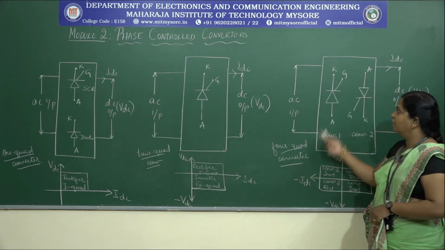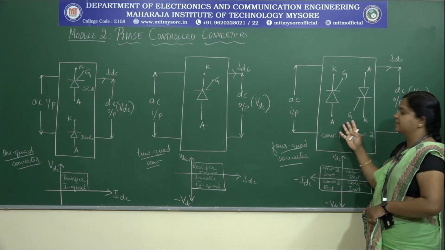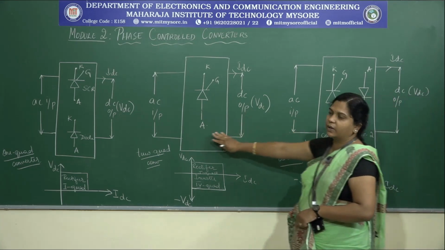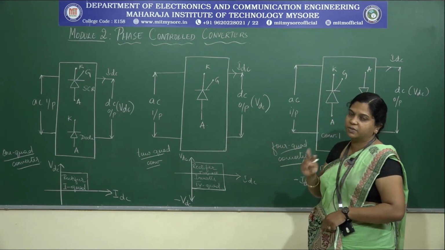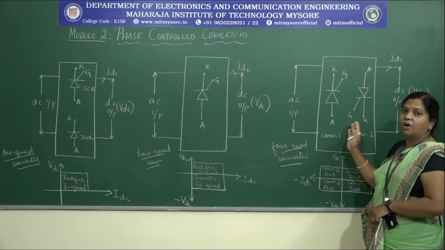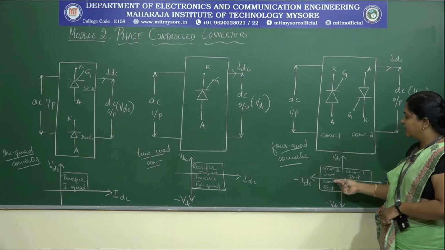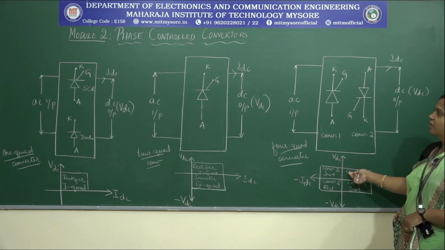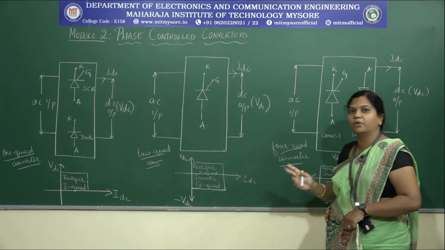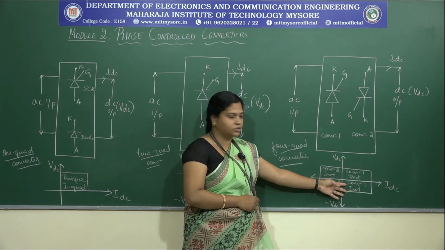Now, if you are going to use 4 thyristors, either 4 thyristors or a bridge configuration of thyristors, then you will get a 4-quadrant conversion. One converter will be responsible for the rectification as well as the inversion action.